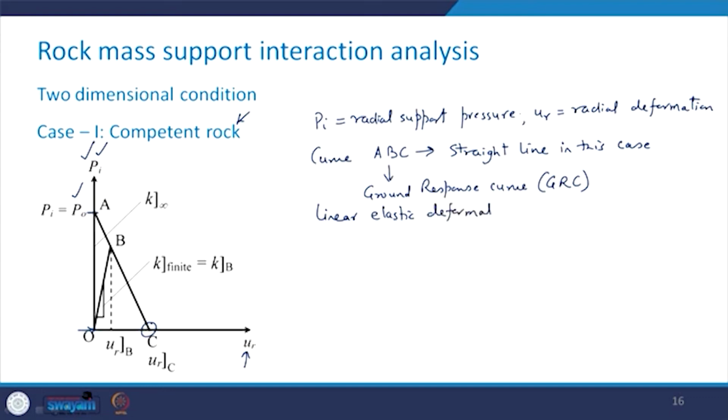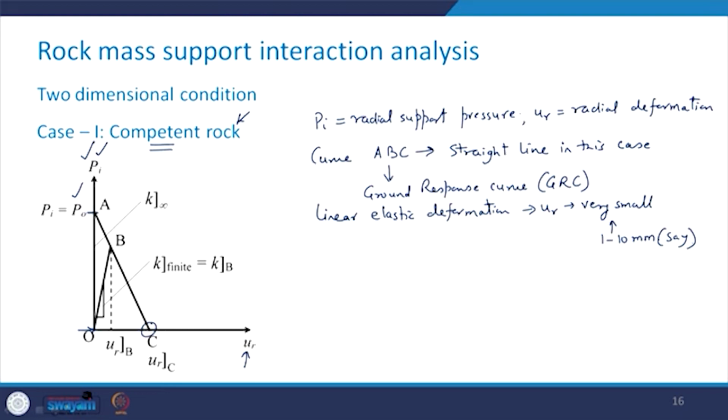Why linear elastic deformation? Because we are talking about the competent rock. In this case, ur is going to be very small, maybe to the tune of say 1 to 10 millimeter. Say, this is just to give you the idea.